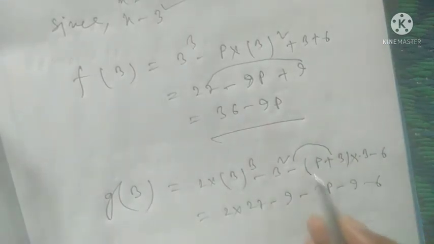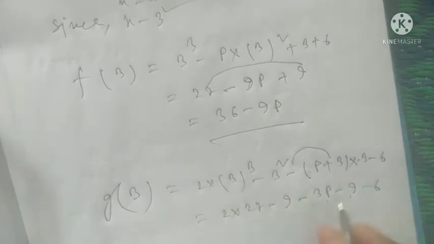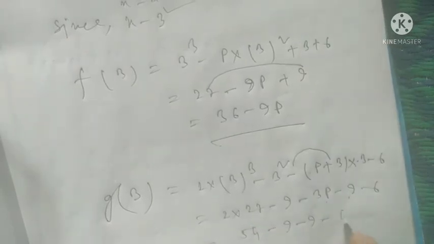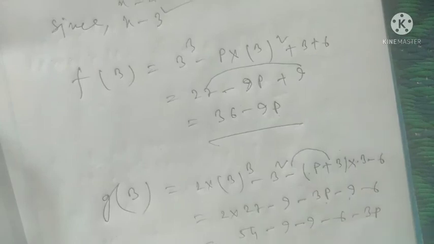And 3 into p is 3p, and 3 times 3 is 9. So it will be 54 minus 9 minus 9 minus 6 minus 3p. Now we arrange the numbers: 54 minus 24, and you get 30 minus 3p.